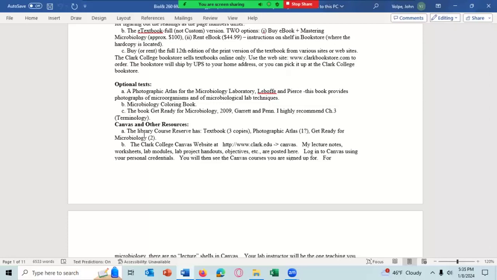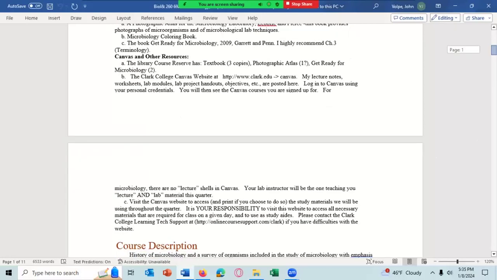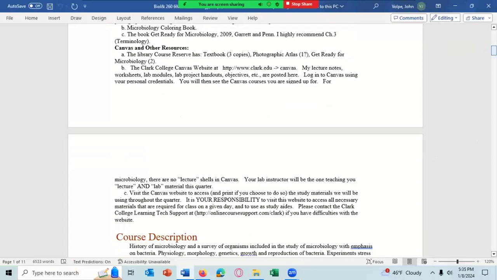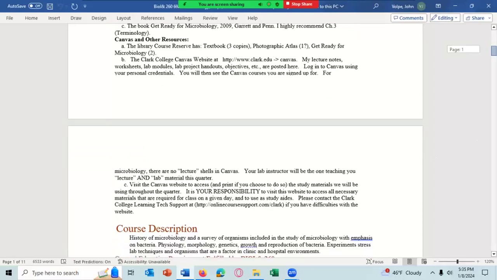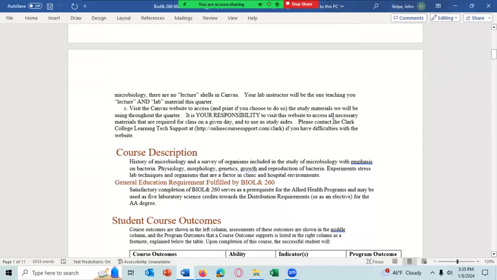The library has course reserve, including 3 copies of the textbook, 1 copy of the photographic atlas, and 2 copies of the Get Ready for Microbiology. You should be familiar with the Canvas website, and it's your responsibility to visit this website to access all of the necessary materials for this class.